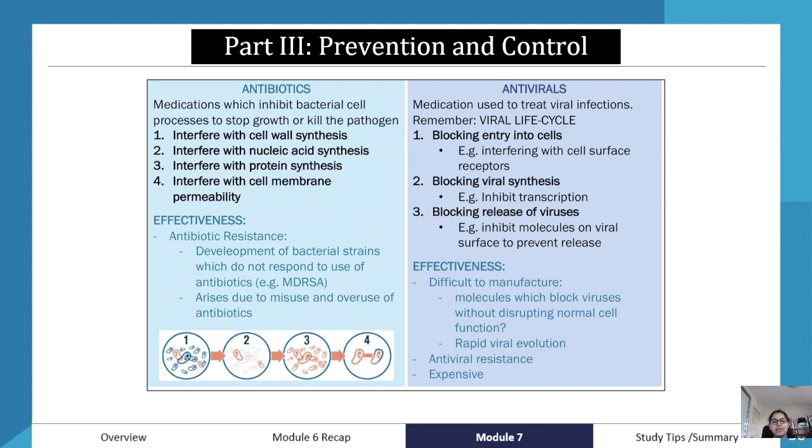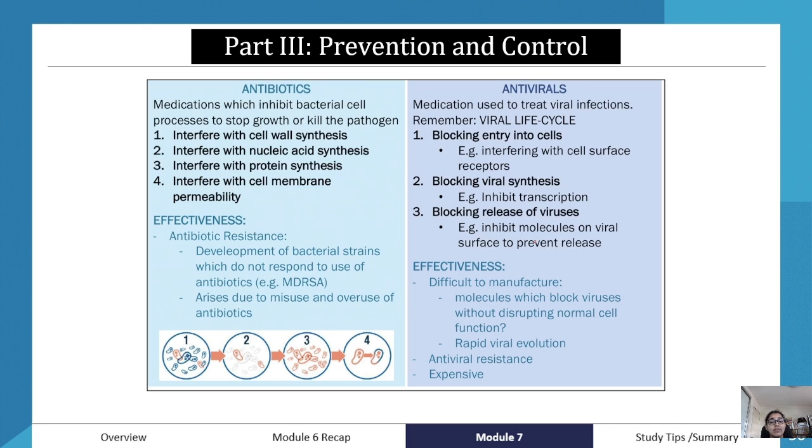Okay, now let's have a look at prevention and control, focusing on antibiotics and antivirals. Antibiotics are medications which inhibit bacterial cell processes to stop the growth of the bacteria or kill the pathogen. They interfere with cell wall synthesis, nucleic acid synthesis, protein synthesis, and cell membrane permeability.